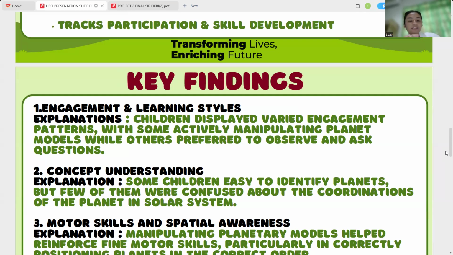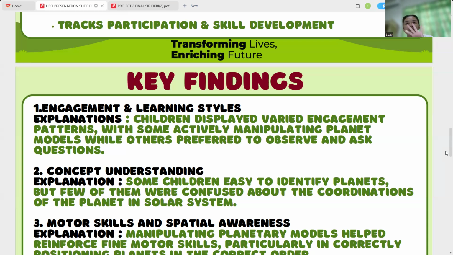The second point is concept understanding. Some children easily identify the planets' coordination or the planet names, but some do not like to learn about it, or they might be confused about the coordination of the planets in the solar system, because the solar system is in circles.